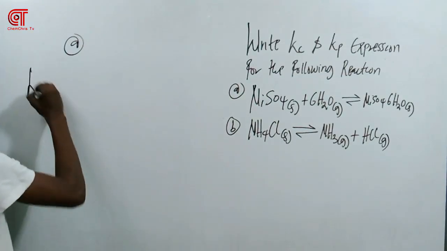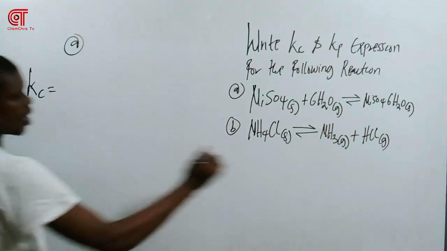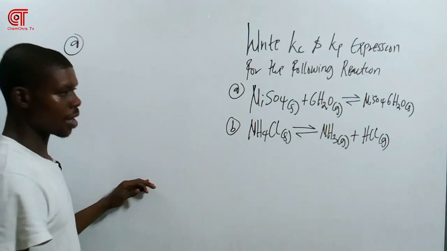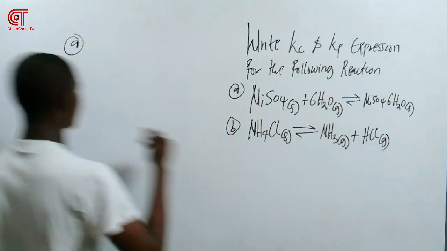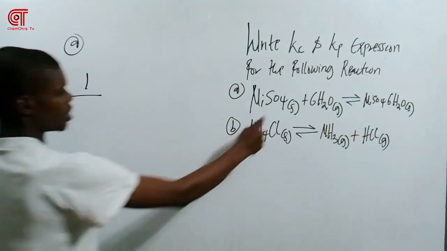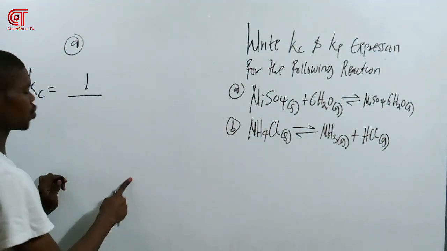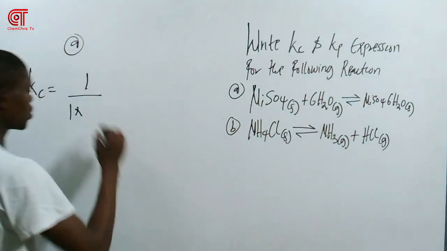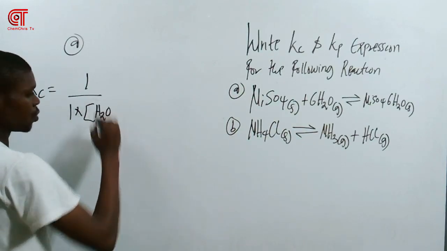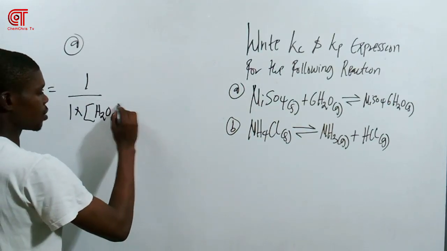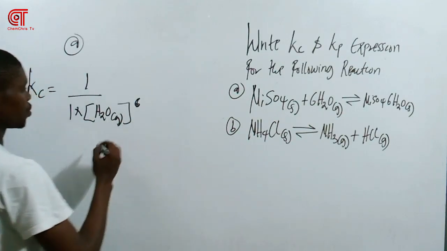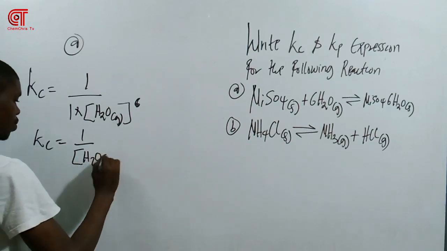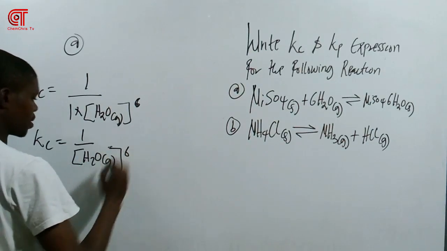So Kc equals, remember, when I see a solid, it's always equal to 1, because here we have a solid, so it will be 1 over, this one also is a solid, so it's going to be 1 times the concentration of this one, which is a gas, so H2O gas raised to 6. So Kc equals 1 over H2O gas to the power 6.